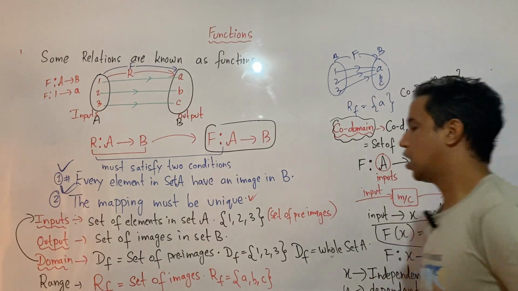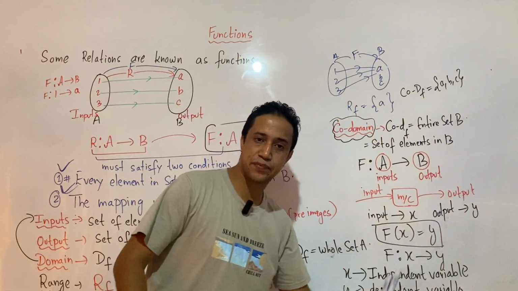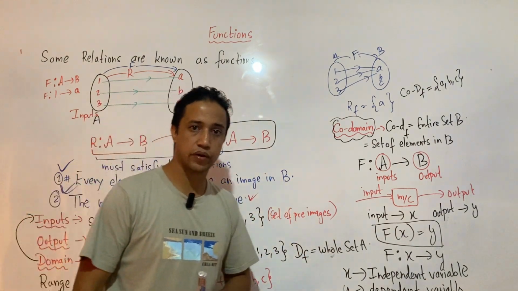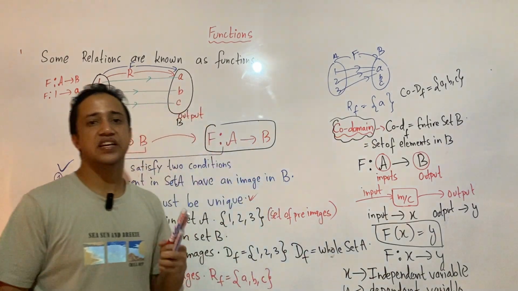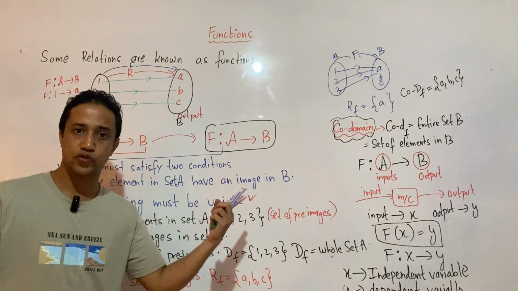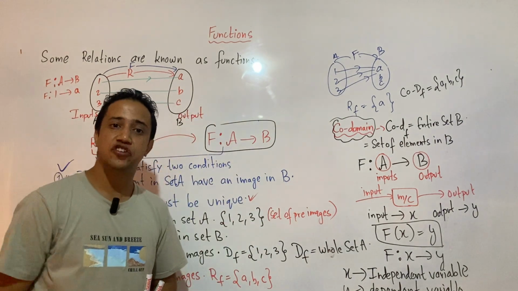What are x and y in algebra? These are abstract symbols, which means they can take any values. So these are variables, meaning the values can change.